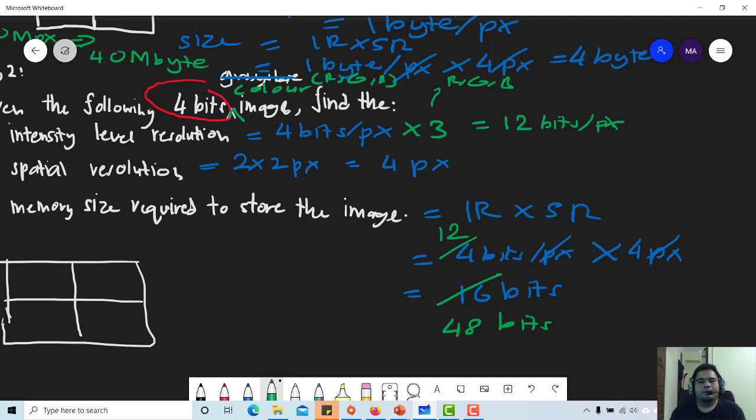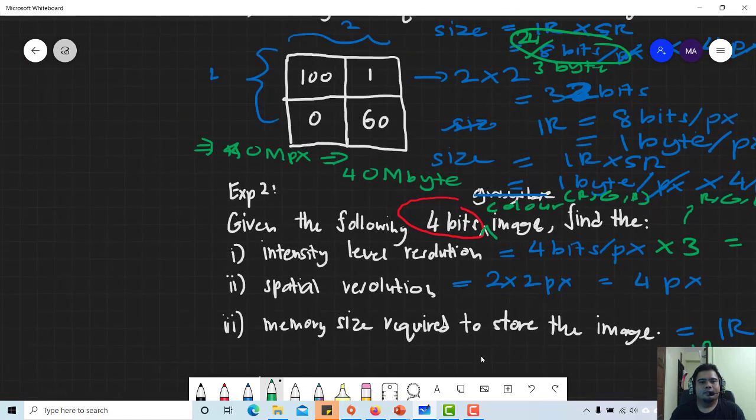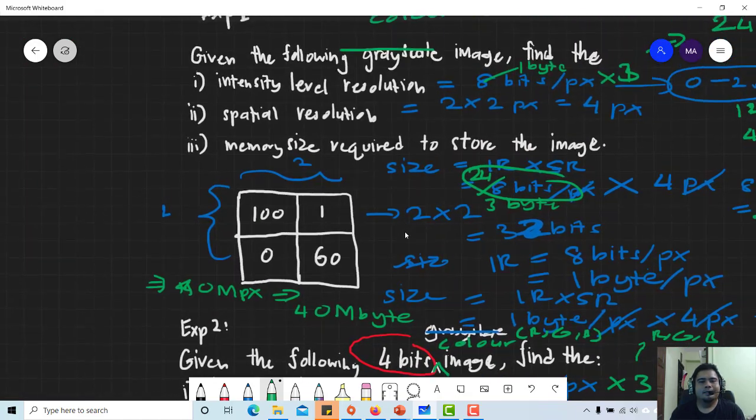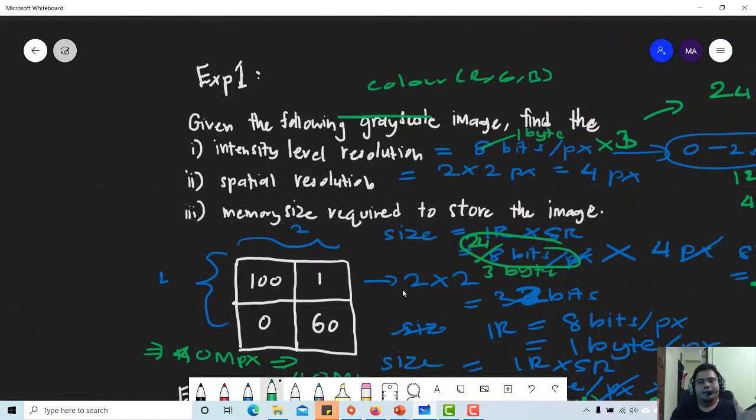I hope that by discussing these two examples, you can understand what intensity level resolution and spatial resolution are, as well as how to calculate the memory size, or the size of the image, if you want to store that image inside your computer or your SD card.